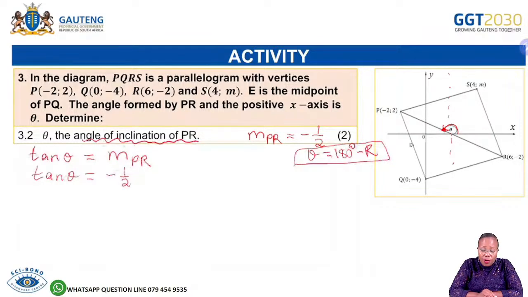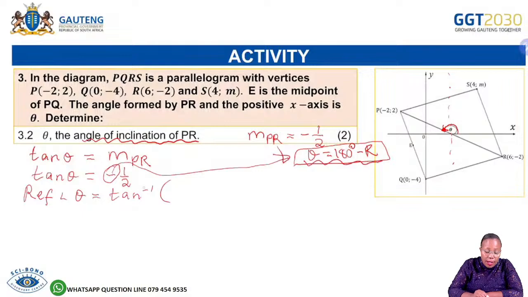Now we look for the reference angle of theta, because our theta lies in quadrant 2. So that will be arctan, excluding the negative because it indicates the second quadrant, Grade 12. That is the arctan of a half. If you look at that reference angle, it is giving us 26,57 to the second decimal place.